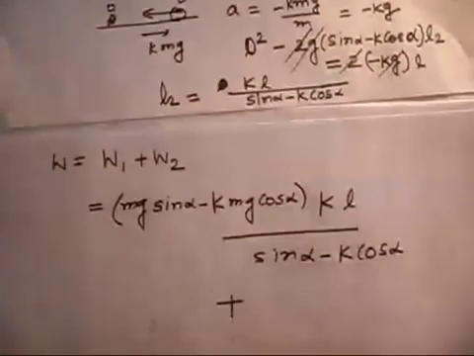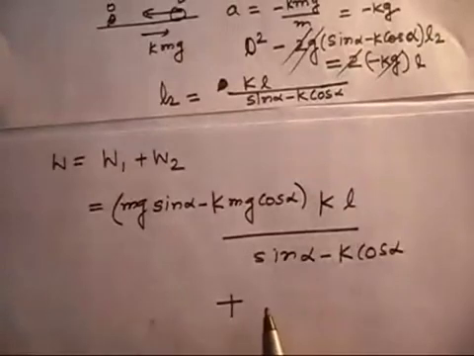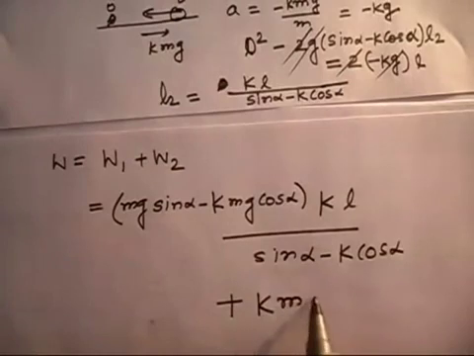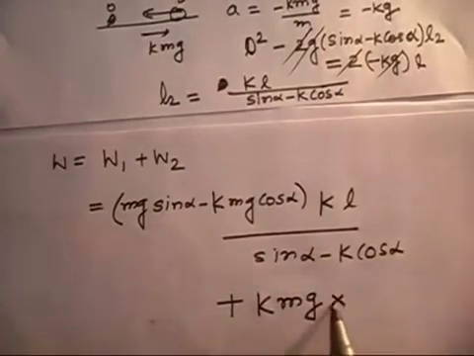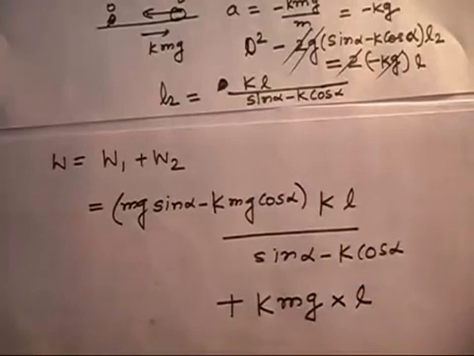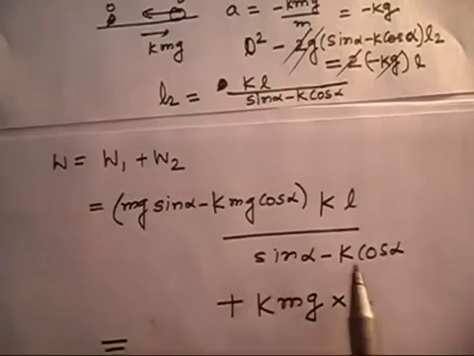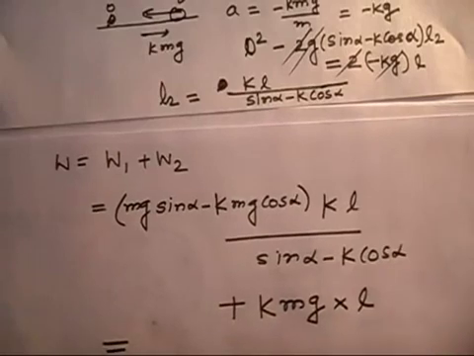So what is W2? W2 is the force along the horizontal, kmg friction, both negative work done, kmg, displacement is L. So you can see, basically, sin alpha minus k cos alpha will cancel out, I think.